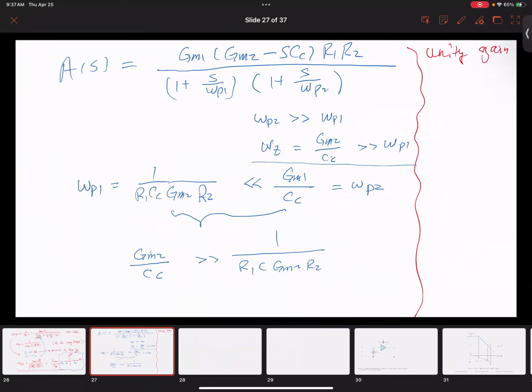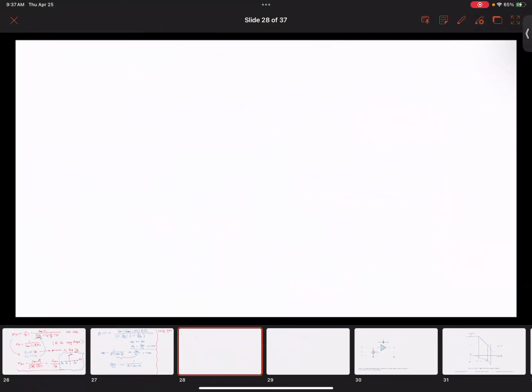If you remember, what we did was, if you have any transfer function A(S), in our case it's going to be some sort of gain, the middle band gain, times S minus W0, and then you have 1 plus S over WP1, and 1 plus S over WP2.